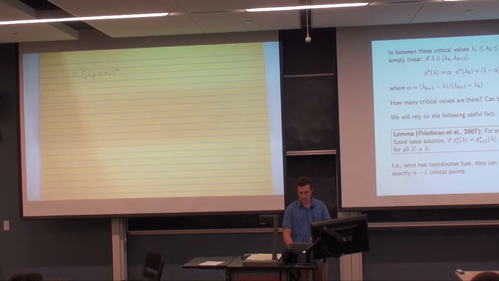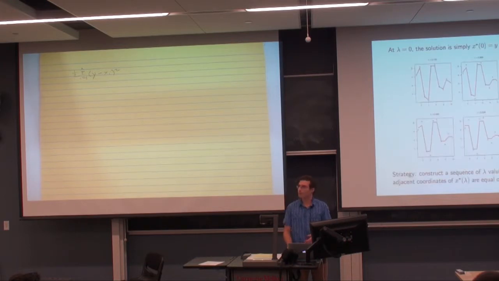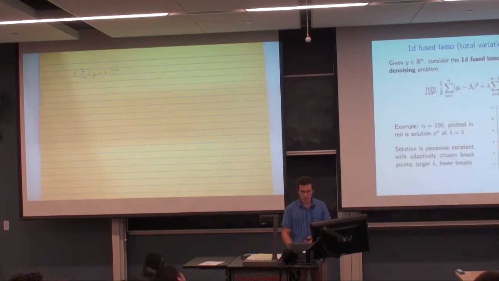Right? Because I should also mention that we know that when lambda is infinity, everything's in one group. Because everything here is being forced to be equal to its neighbor, so the solution at infinity is just going to be a single red line. So we know that at the biggest lambda value possible, they're all going to be in one group. So if for some reason things actually split up as we increase lambda, then we'd have more than n-1 critical values. Okay, but that seems a little bit weird if you look at this problem.